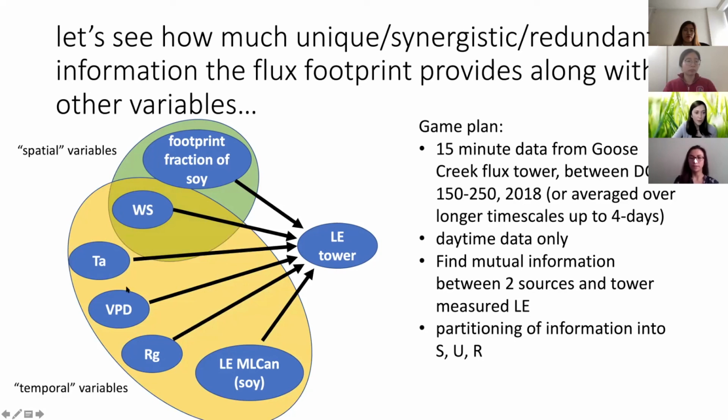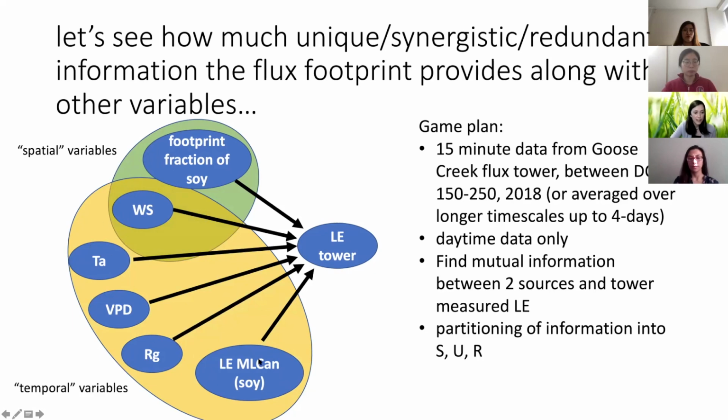And then my temporal variables are going to be 3 drivers that I've picked out: air temperature, vapor pressure deficit, and solar radiation. And I'm also going to include the MLCAN modeled latent heat flux, because theoretically this modeled latent heat flux should sort of encapsulate these 4 drivers.